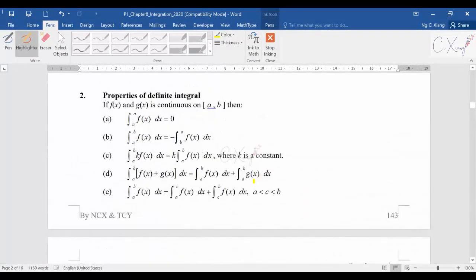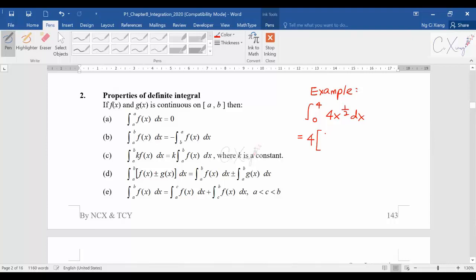Maybe we can discuss a few simple examples first. Let's say I have the limits 2 to 4, and I have 4x power half, and I want to do the integration with the limits. Again, 4 is a constant, so I just copy it, and I integrate x power half.